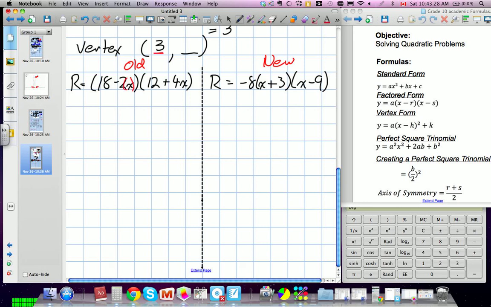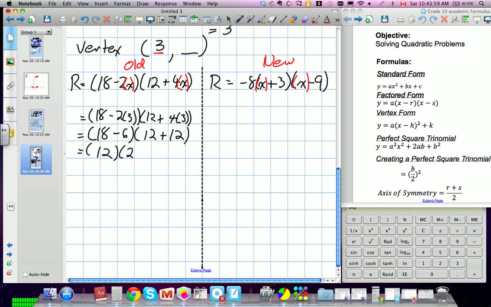Revenue is 18 minus 2 times 3, and 12 plus 4 times 3. Okay? We'll get 18 minus 6, and 12 plus 12. 18 minus 6 is 12, and 12 plus 12 is 24. Okay, so let's take a look. 12 times 24 equals 288. So 288 is their max revenue, apparently.